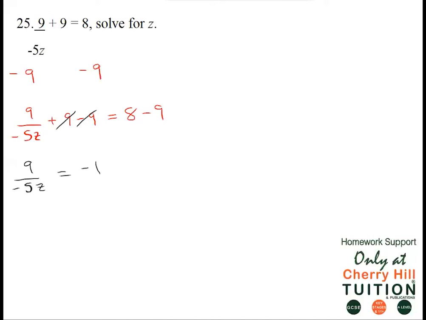Now, like I said, we need to try and make sure that we have no fractions involved when solving equations. So this means that we need to somehow bring this to the top. So we can eliminate this by multiplying both sides by minus 5z.